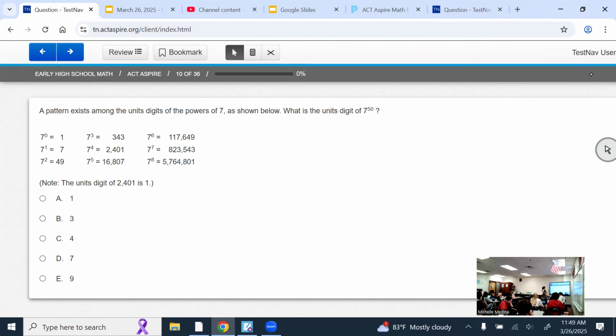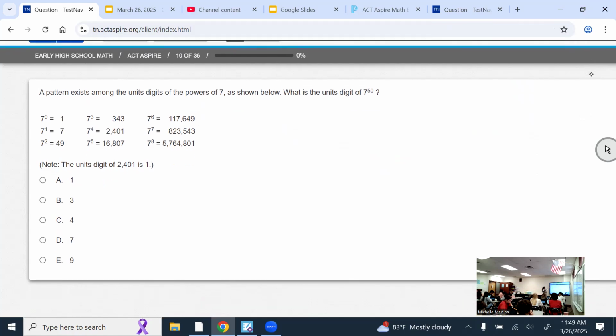So a pattern exists among the units digits of the powers of 7 as shown below. What's the units digit of 7 to the power of 50? And it says a little key here, the units digit of 2,401 is 1.